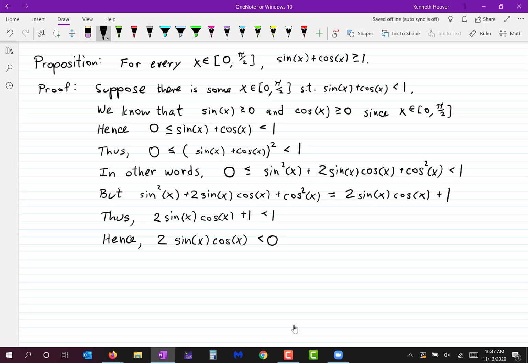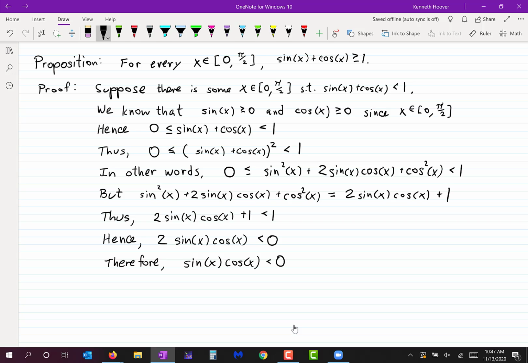Which means it's a negative number, right? You could even divide both sides of that by 2. Sine x cosine x is less than 0.